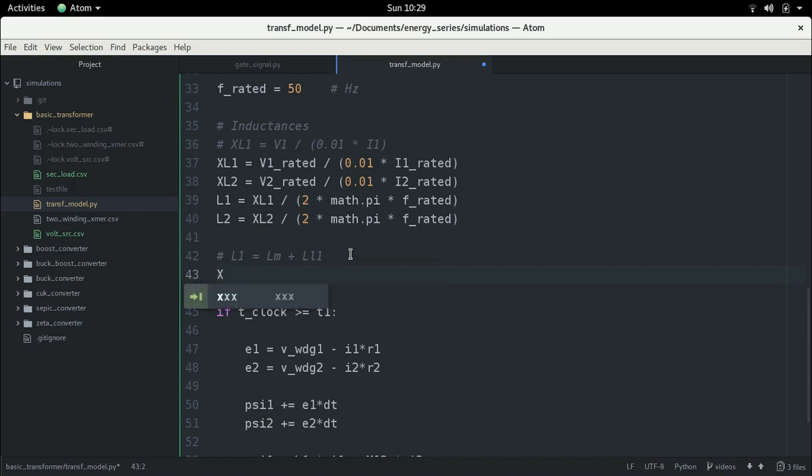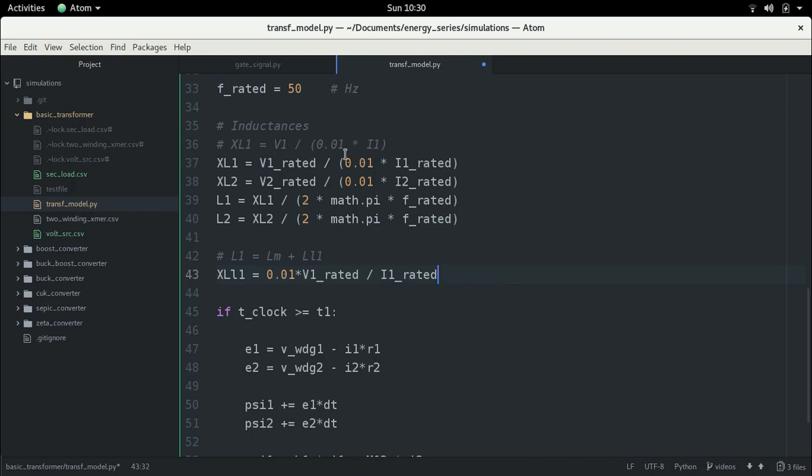Again, let me write XLL1, that is the reactance of this leakage, such that if I1 rated were to flow through this, then V1 rated times 1% will be produced as a voltage drop if the rated current flows through this winding.